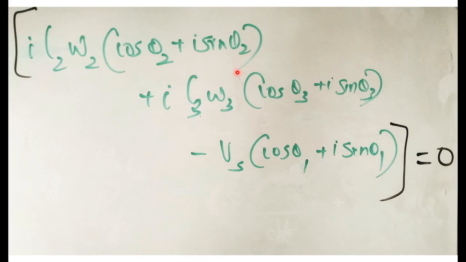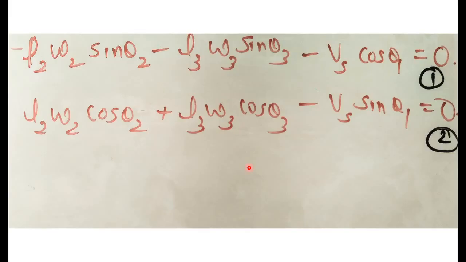In the second part we have I, minus L3 omega 3 into sin theta 3. In the third part we have minus Vs cos theta 1 as the real part. So write that: minus L2 omega 2 sin theta 2 minus L3 omega 3 sin theta 3 minus Vs cos theta 1 equal to 0, and that is equation 1.